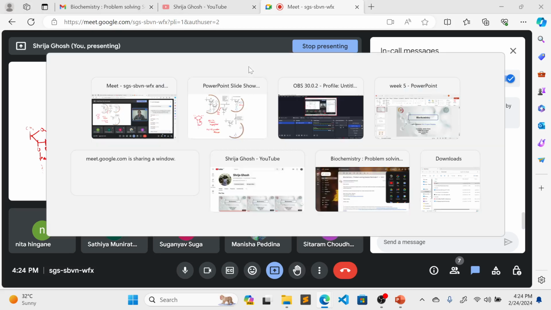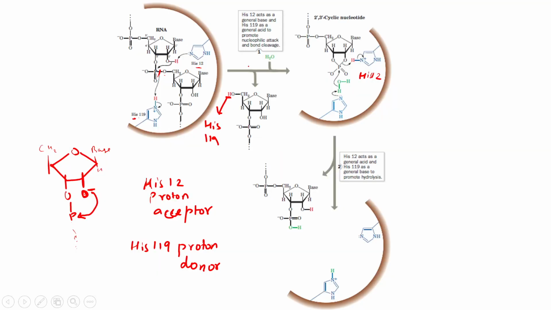Okay, so here you see histidine 12, now it has to again donate this proton that it had in order to go back to its natural state, where it can again abstract a proton from the next substrate. So if it is donating a proton, now what is happening?